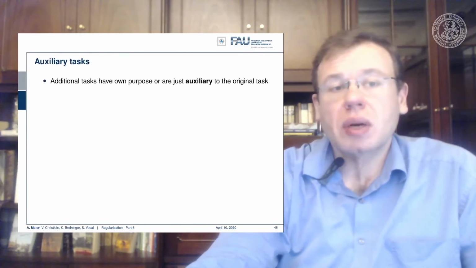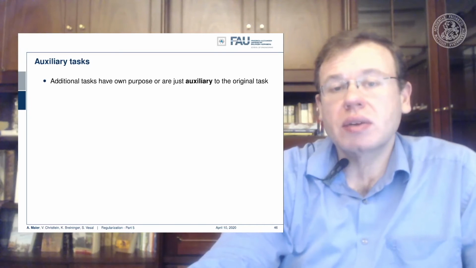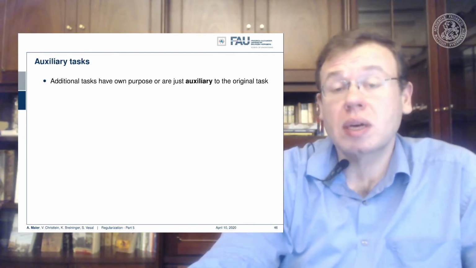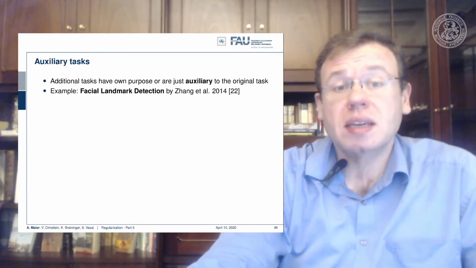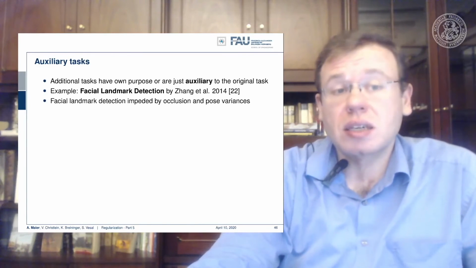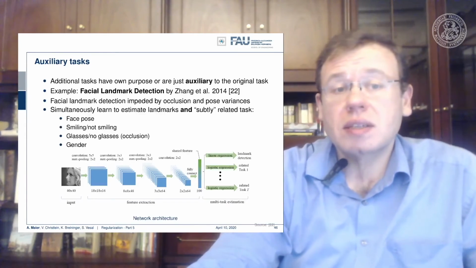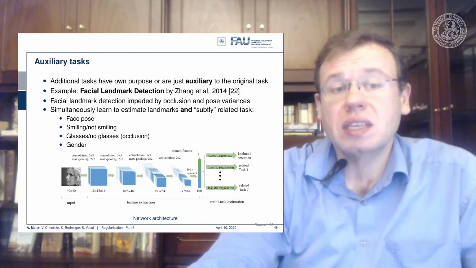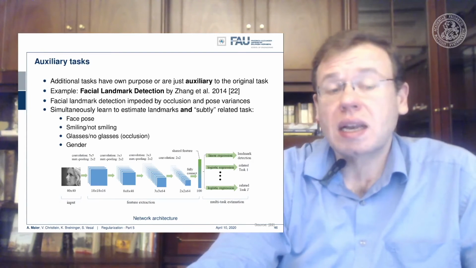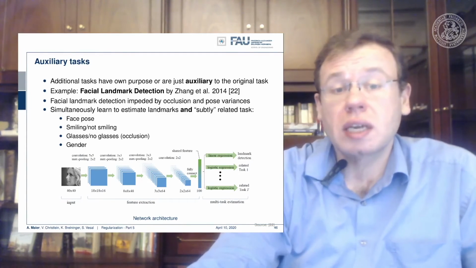Now we still have to talk about the auxiliary tasks. All of these tasks should have their own purpose. You may also just include auxiliary tasks because you want to create a more stable network. One example here is facial landmark detection by Zhang. They essentially want to detect facial landmarks, but this is impeded by occlusion and pose variances. So they simultaneously learn landmarks and subtly related tasks like the face pose, smiling, not smiling, glasses, no glasses, occlusion and gender.